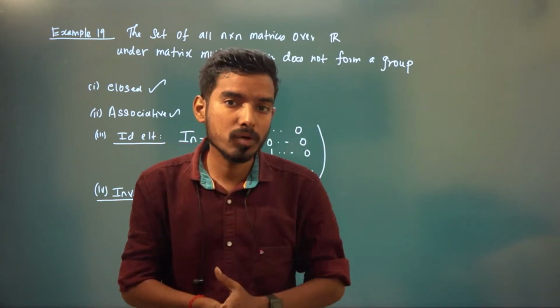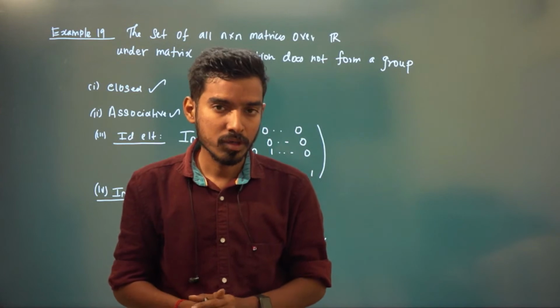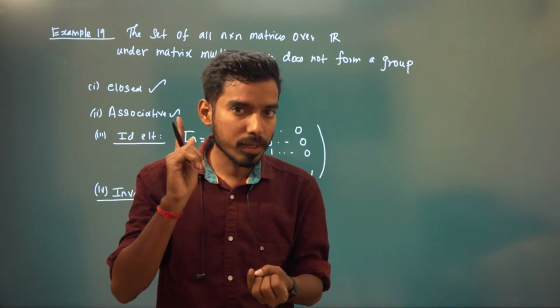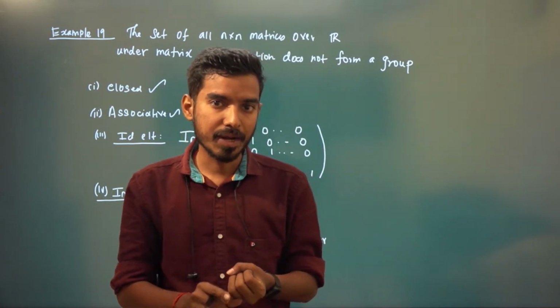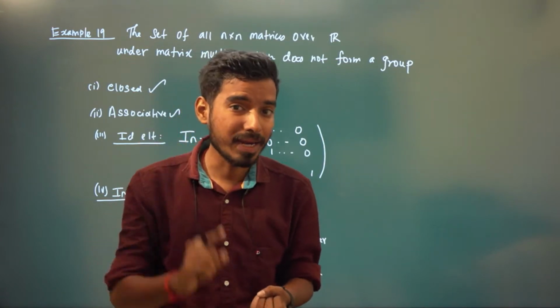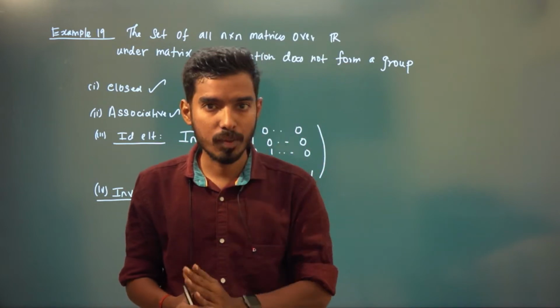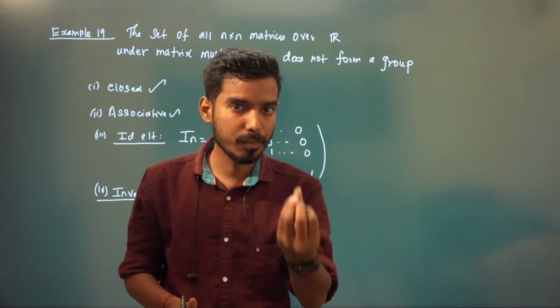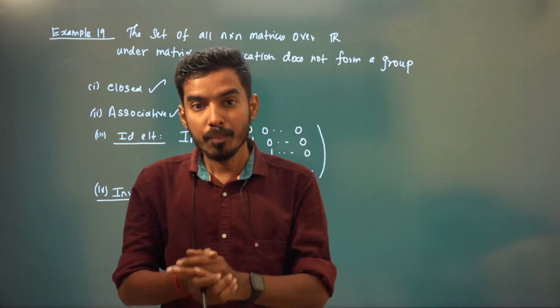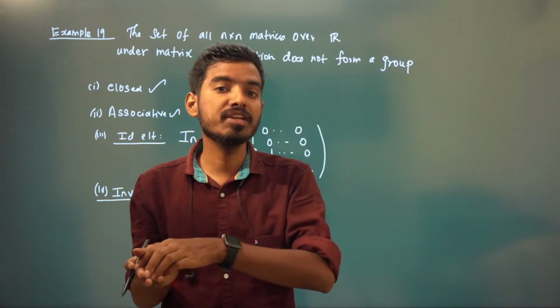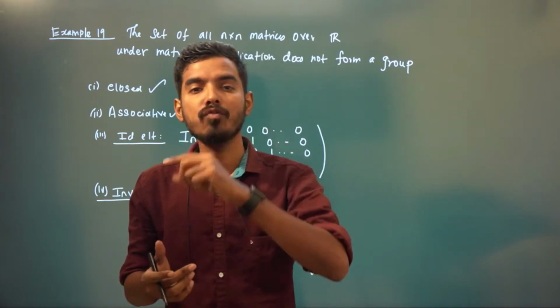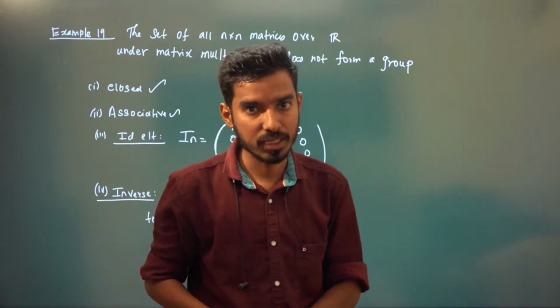Then that set will form a group under matrix multiplication, right? So all n cross n matrices will not form a group under matrix multiplication, because there may be a matrix whose determinant is 0. But if you collect all those matrices whose determinant is non-zero, then it will form a group under matrix multiplication. That group is called GL(n, R).